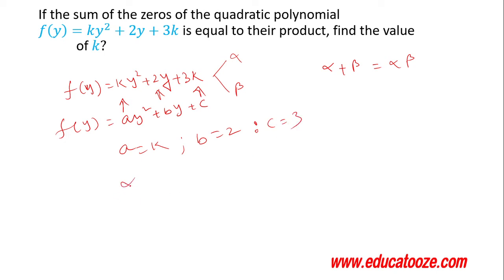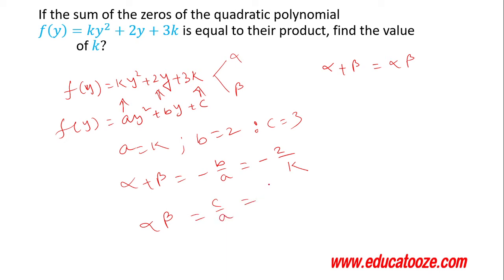What is alpha plus beta? We know it is minus b by a. What is the value of b? Value of b is 2. The value of a is k. What is alpha beta? Alpha beta is c by a.